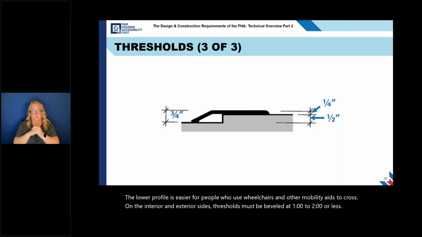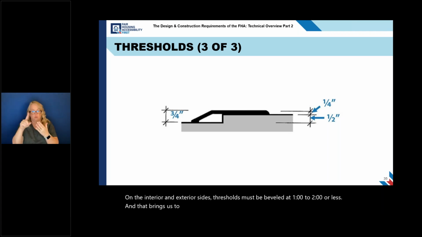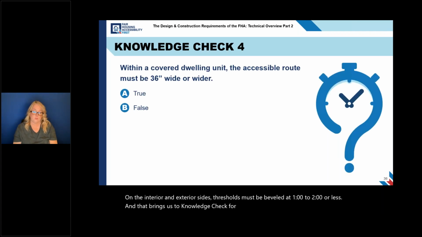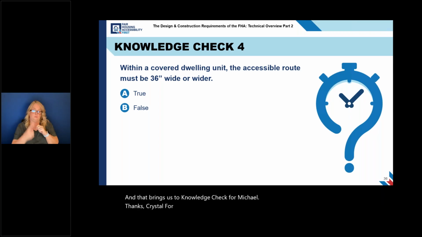And that brings us to knowledge check 4. Michael? Thanks, Crystal. For the fourth knowledge check, within a covered dwelling unit, the accessible route must be 36 inches wide or wider.